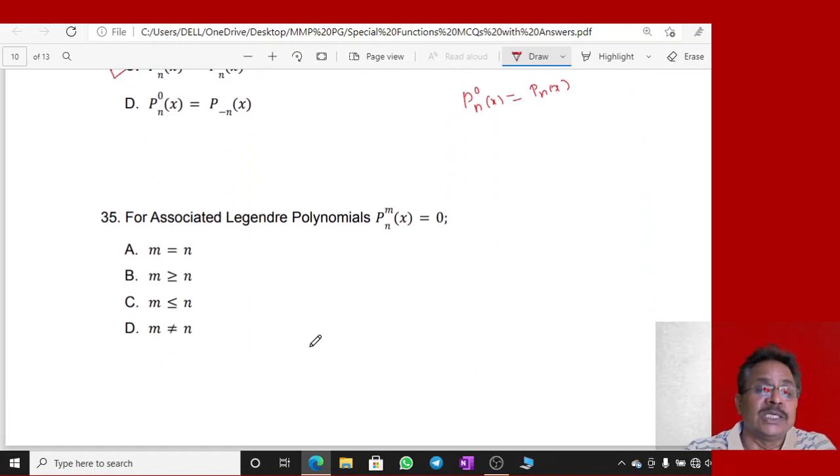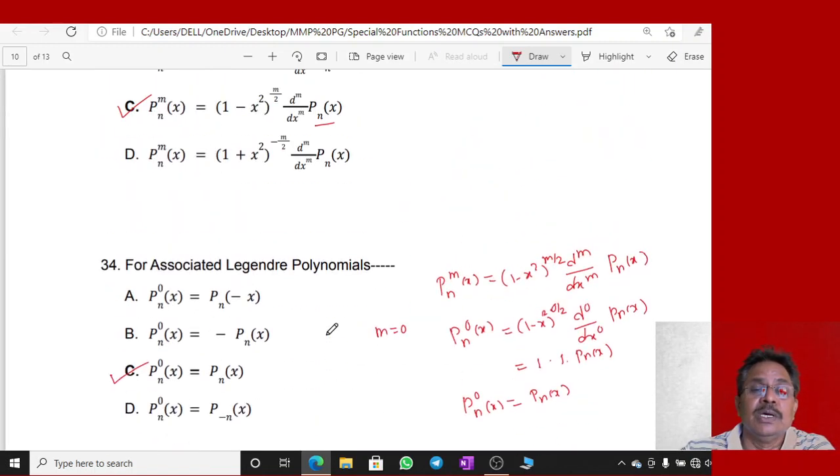Now, as from this example we have seen, for associated Legendre polynomial Pnm of x is equal to 0, provided, now there are two coefficients we are using, n and m, if m is greater than n. See in this formula where we have seen this expression, we have to get this mth differentiation.